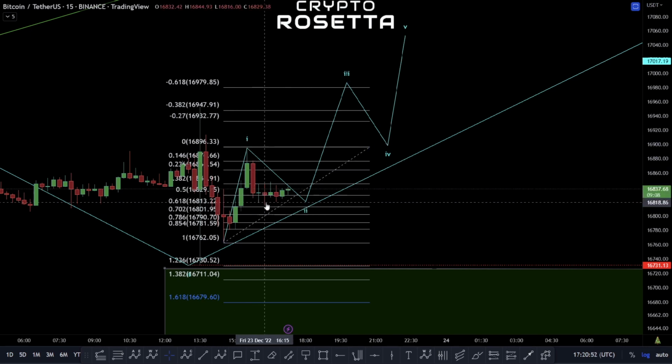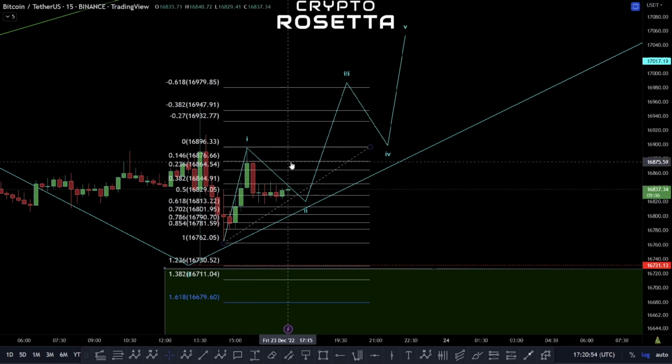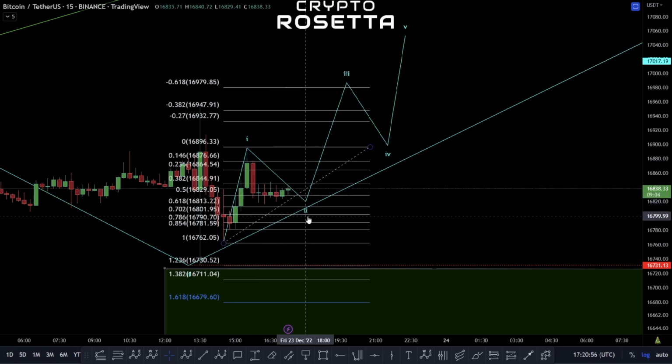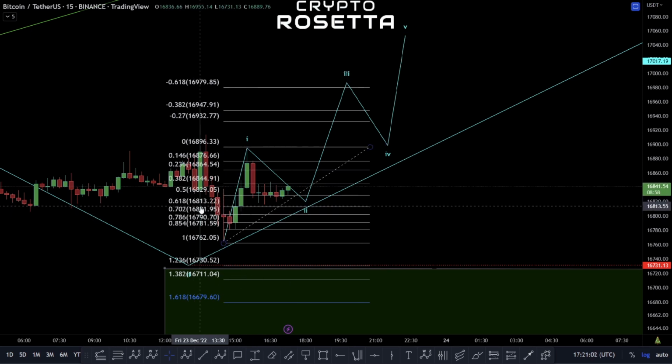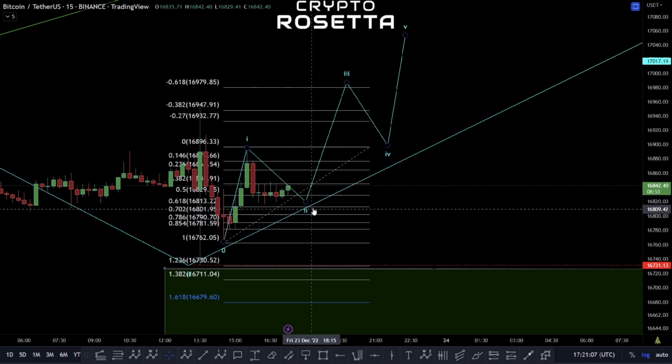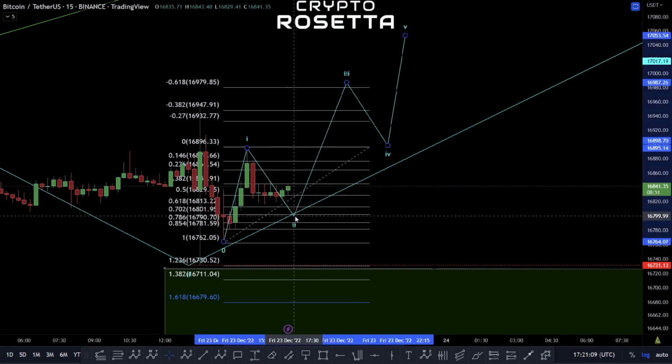Though the structure within this is looking like we could have a small push back up and then an additional leg to the downside. So it is possible that we look to target out between the 16,813 to the 16,790 zone, and then look for potentially a move to the upside again.